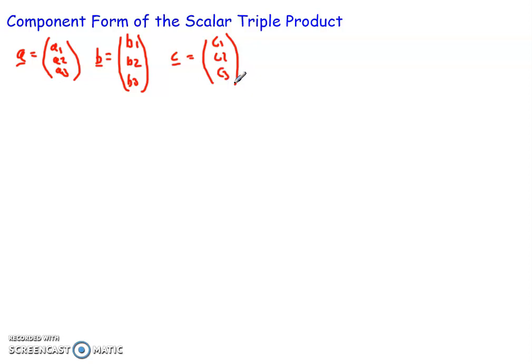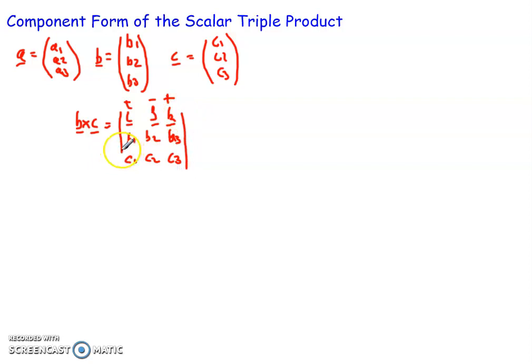What I'm going to do is start by doing my B cross C, in a similar way to what we've done before. So I'd set it up in a matrix style. I've got my i, my j, and my k, with plus, minus, plus. I'd then have my B1, B2, B3, my C1, C2, and C3.